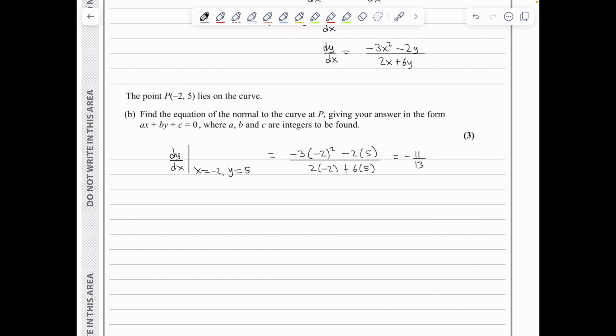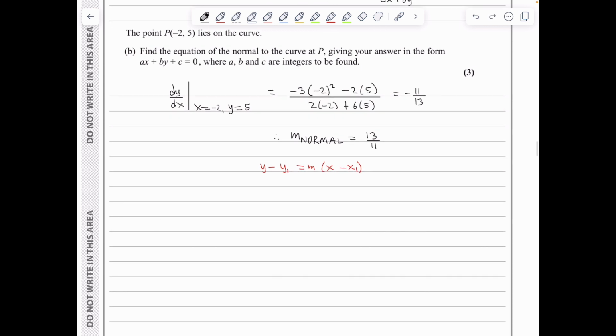Well, this is the value of dy/dx. This is the value of the gradient of the tangent, and therefore, since we're looking for the gradient of the normal, I need to flip and change the sign. So this is 13 over 11. And we can then use the fact that we've got a point and the gradient. So y minus y1 is m(x minus x1).